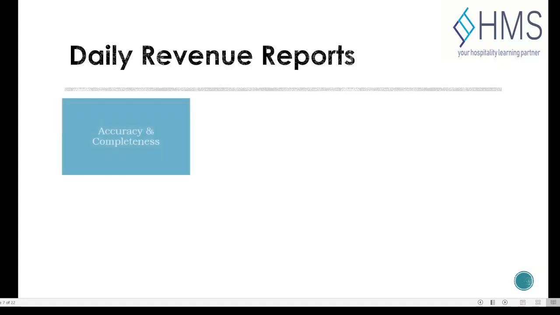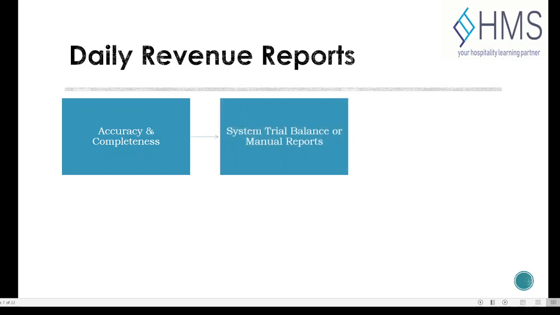Right? So for the daily revenue report, the importance is accuracy and completeness. You just have to see the system trial balance first, or you may have some manual reports if some departments are not on the PMS or do not have a POS because they may be very small to buy a license, right? For example, maybe transportation.